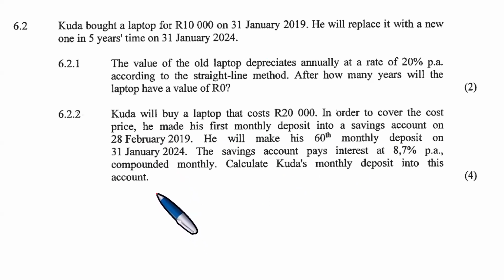He will make his 60th monthly deposit on 31 January 2024. The savings account pays interest at 8.7% per annum, compounded monthly. Calculate Kuda's monthly deposit into this account. We proceed as follows.